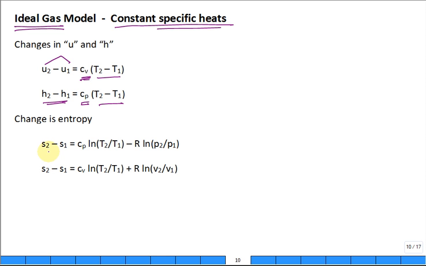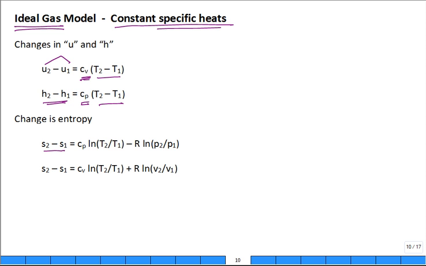Also, the change in entropy can be written like this: C sub P natural log T2 over T1 minus R natural log P2 over P1. I can't rederive that, or I mean I could, but we don't have enough time to redo everything in Thermo 1, but that's one of the major results: how to calculate the change in entropy of an ideal gas. And there it is.